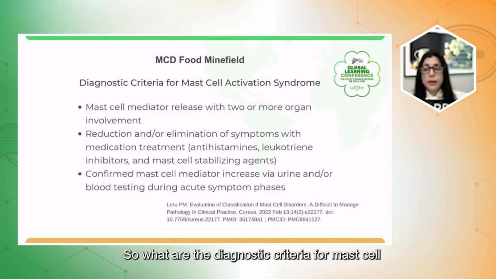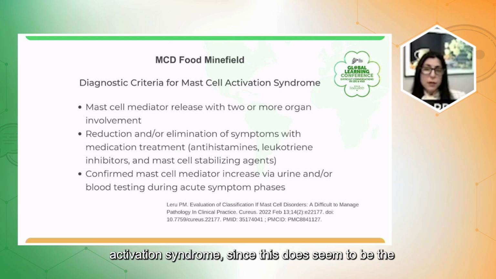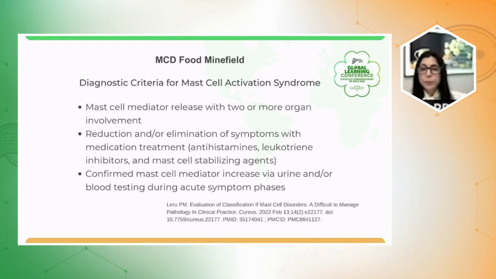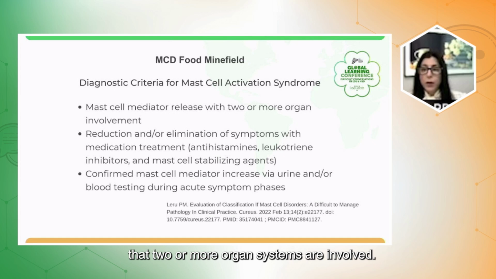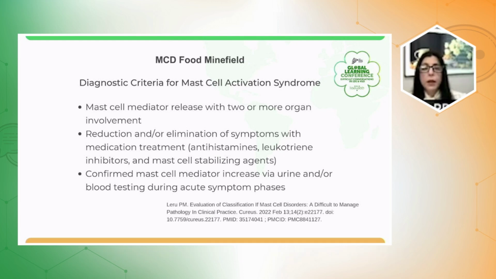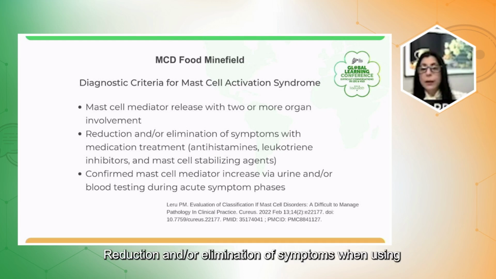So what are the diagnostic criteria for mast cell activation syndrome? Since this does seem to be the more common that we see in our patient population. Mast cell mediators release, okay? So what we need to see is that 2 or more organ systems are involved. So if you exhibit symptoms of mast cell mediator release with 2 or more organ involvement. Reduction and or elimination of symptoms when using medications that are traditionally used to treat mast cell disease.